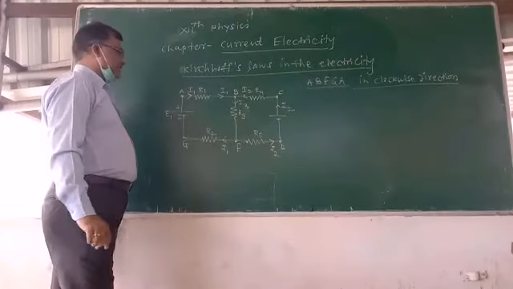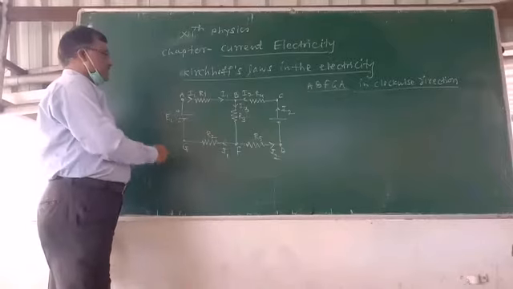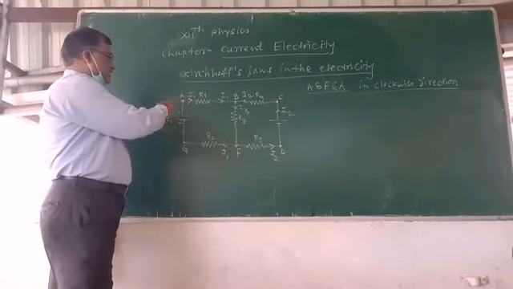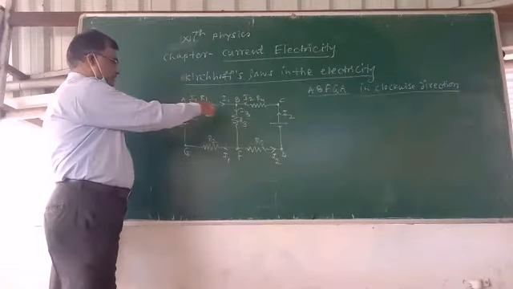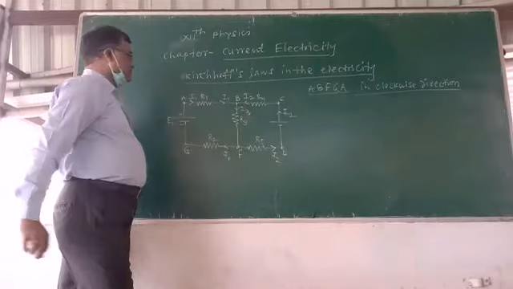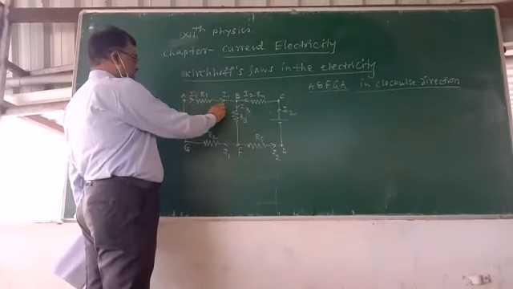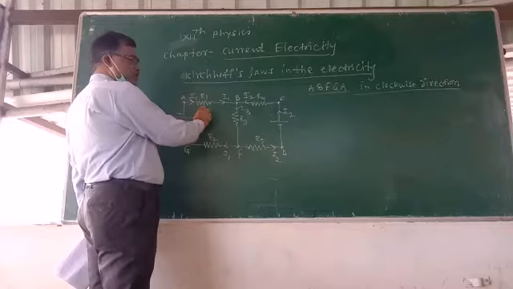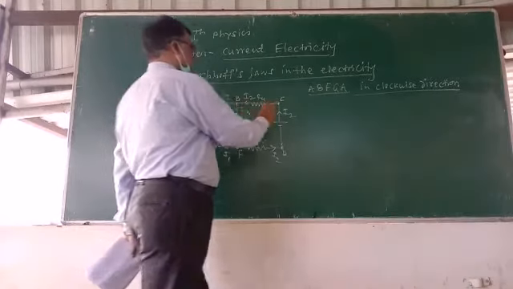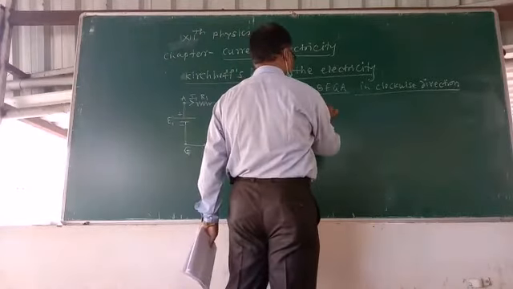Suppose that in loop A, B, F, G, A, in this direction of the current, the potential drop is negative, that is minus I1 R1.